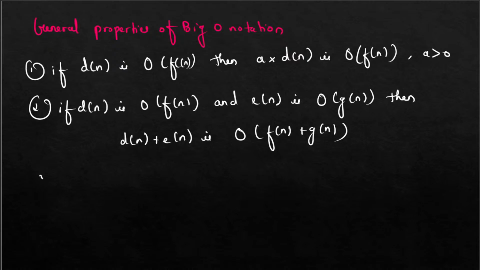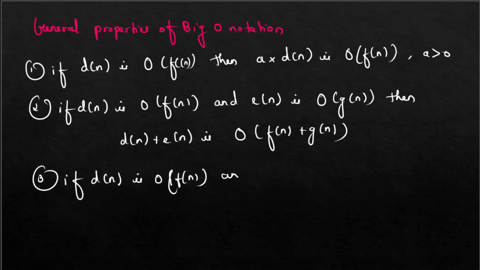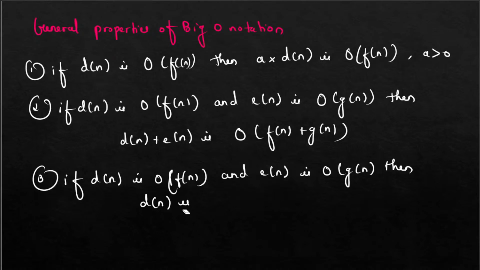After that, third is, if d of n is big O of f of n and e of n is big O of g of n, then d of n into e of n is big O of f of n into g of n, like this.